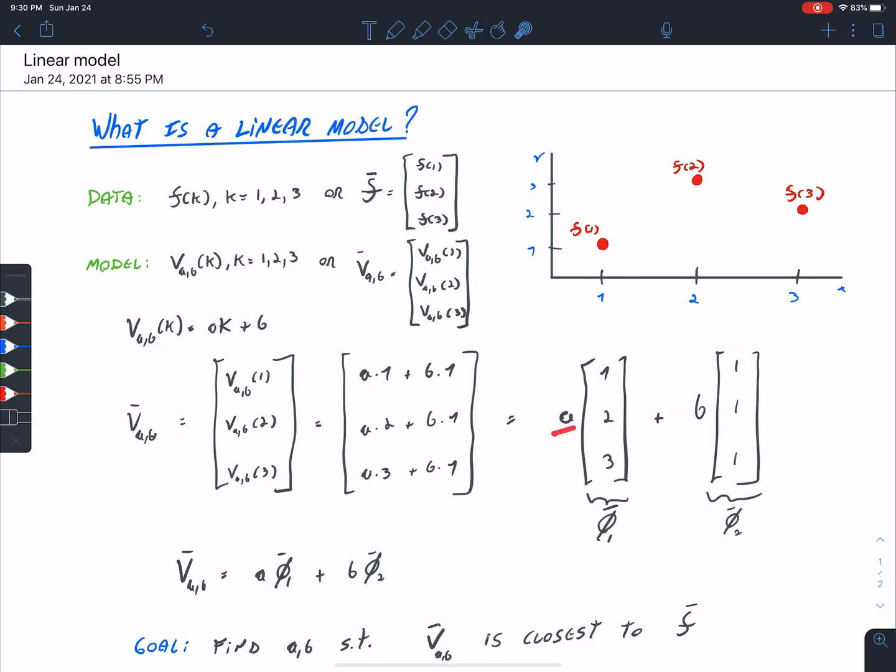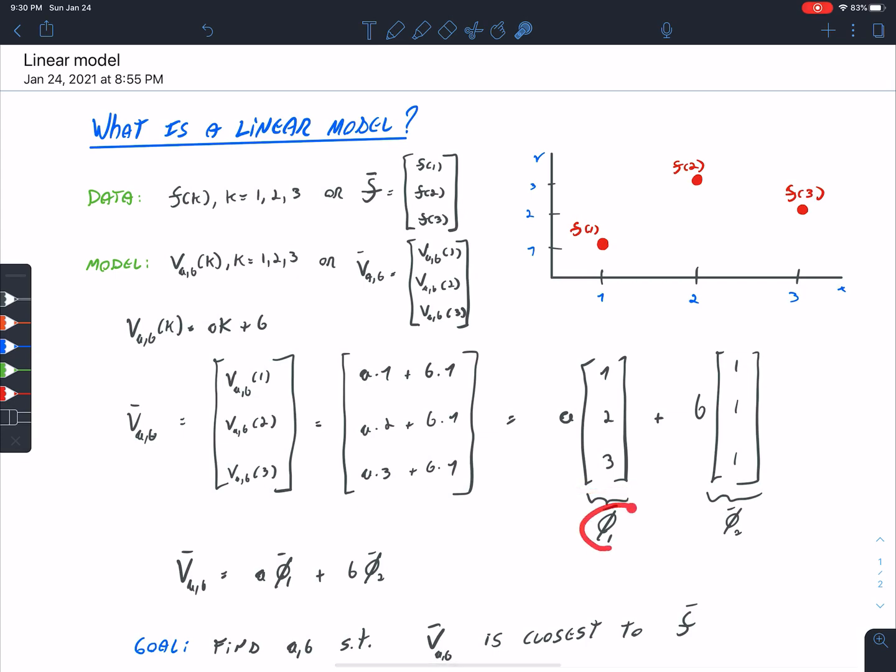So here I have a, and I took only the terms 1, 2, 3 for the vector. Same thing for this term here. I consider this as another vector, and I can take the b out. This is what I've done, separated the b and selected the vector 1, 1, 1.